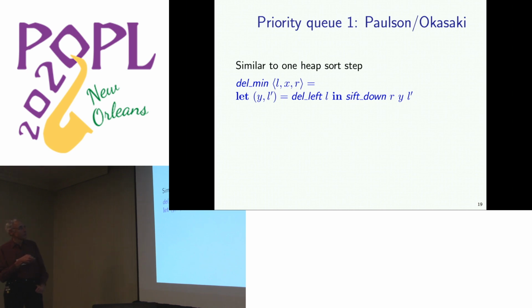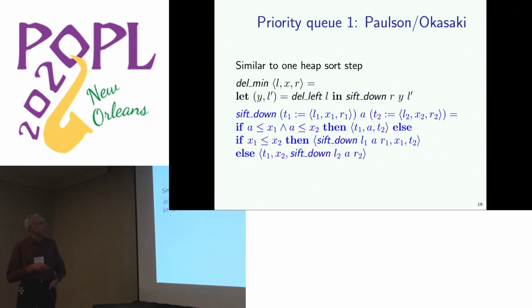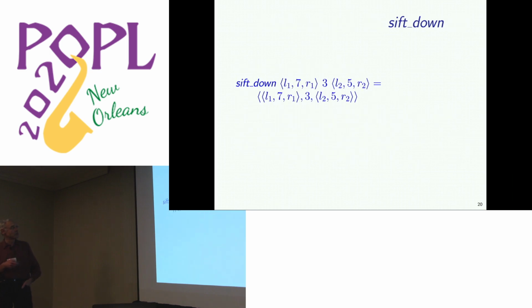Then you get this leftmost element y and the remainder of this L, and then you call the sift down function, which recombines the right subtree, the leftover of the left subtree, and this element that you've pulled out. And the sift down function, I don't think you want to read the details. Let me just show you two examples.